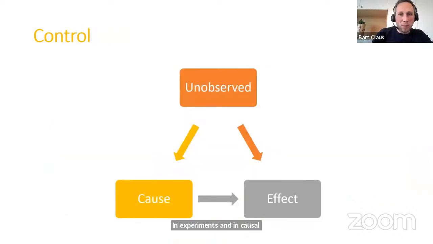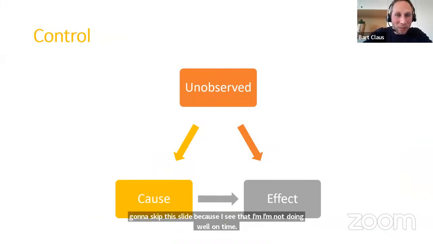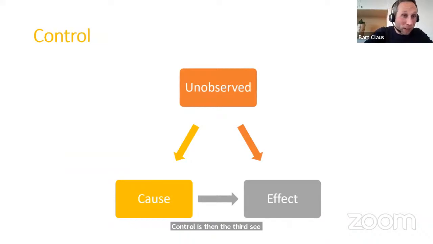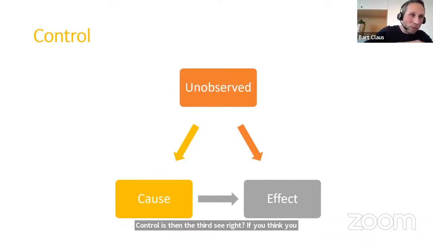I'm going to skip this slide because I see that I'm not doing well on time. Control is then the third C. If you think you found an effect of the cause, the independent variable that you're testing, on your dependent variable, you need to be sure that this effect is not explained by, for example, a third variable that you did not observe.